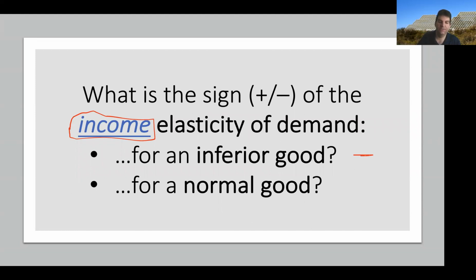So we would have a negative income elasticity of demand. For a normal good, if your income goes up, the quantity you buy goes up. And so then we would have a positive for a normal good. So again, just trying to get you used to thinking about how does the quantity demanded change when the thing that's in front here, price elasticity of demand, income elasticity of demand, et cetera, changes.